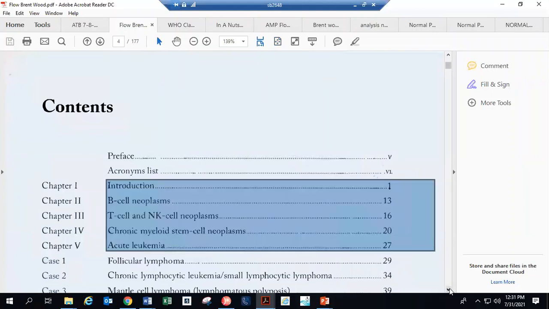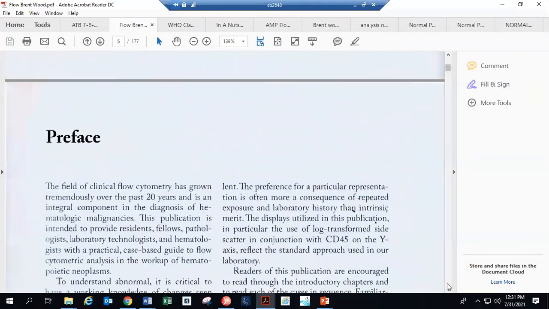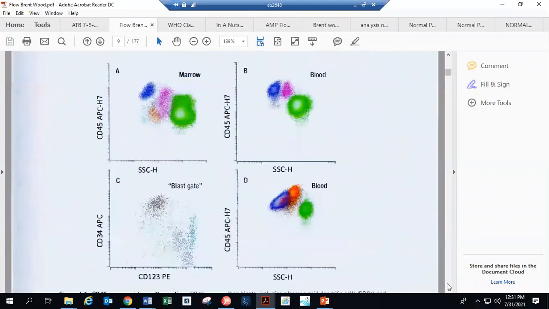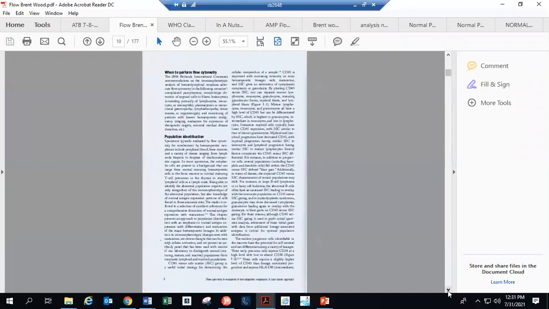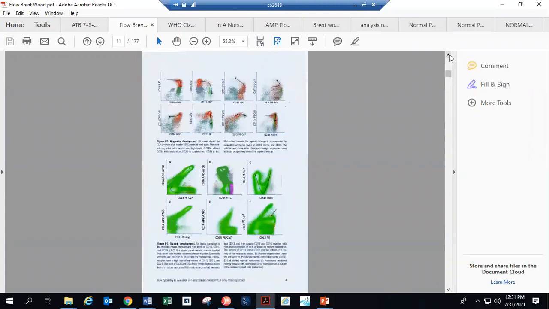They have shown it nicely before they dive into cases as well. I don't know if it is in our scope for today. But the introduction part, they have gone through everything that we went through, just not in as much detail, because the ones that we went through were much more detailed. But you can see that they are explaining everything that we have already gone through.